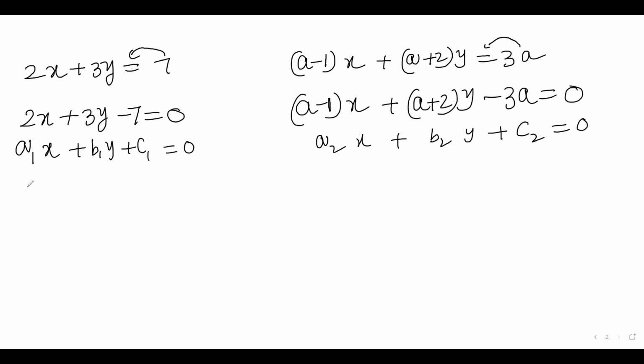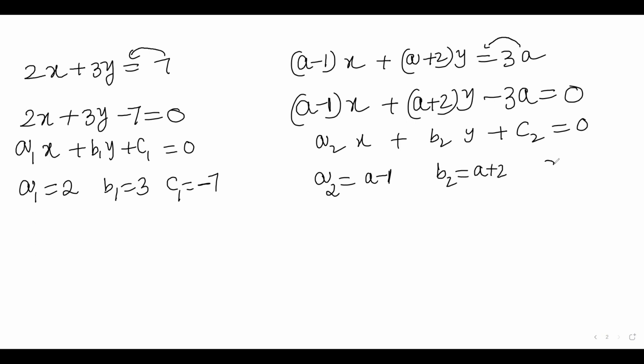Write down a1 is equal to 2, b1 is equal to 3, c1 is equal to minus 7. a2 is equal to a minus 1, b2 is equal to a plus 2, c2 is equal to minus 3a.